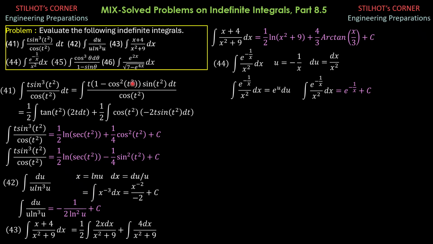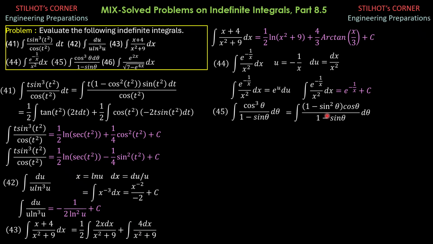Then number 45, integral of cosine squared theta cosine theta d theta over 1 minus sine theta. Let's break cosine cubed theta into cosine squared theta times cosine theta, and put the identity for cosine squared theta, which is 1 minus sine squared theta, then cosine theta d theta over 1 minus sine theta.